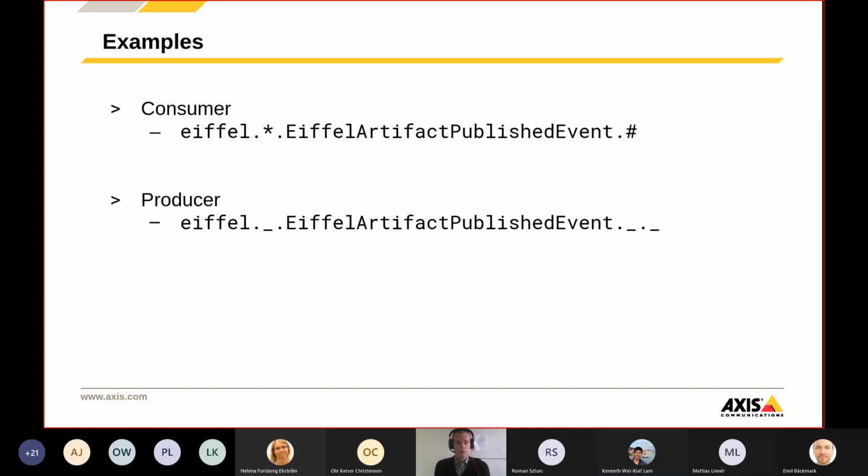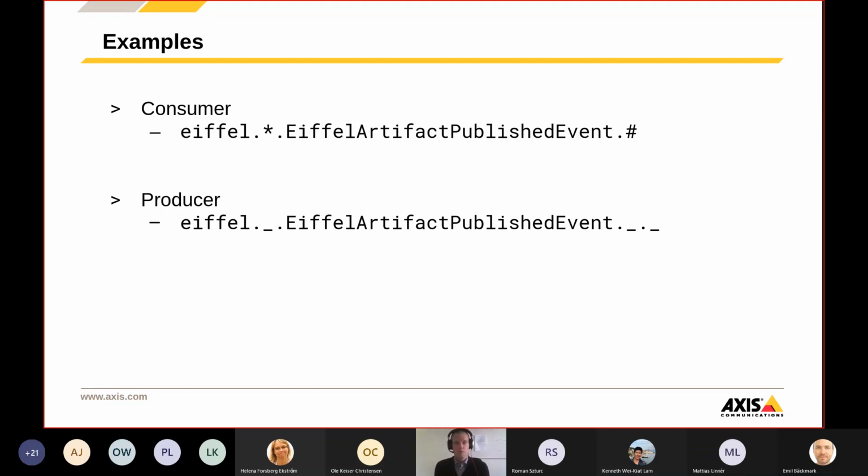So a couple of examples then. A consumer could use a routing key pattern like this, where the star means accept any family, but I want this particular event, and I don't care about any tags or domains. If you indeed don't care about the tags or domains.